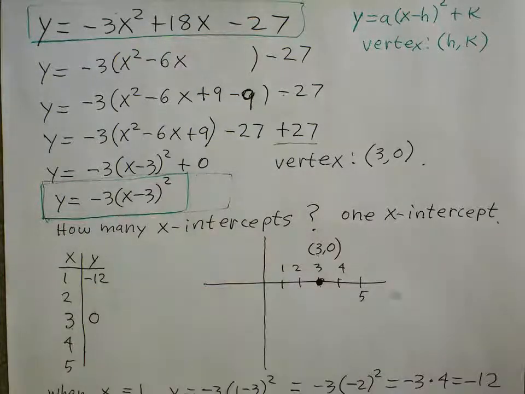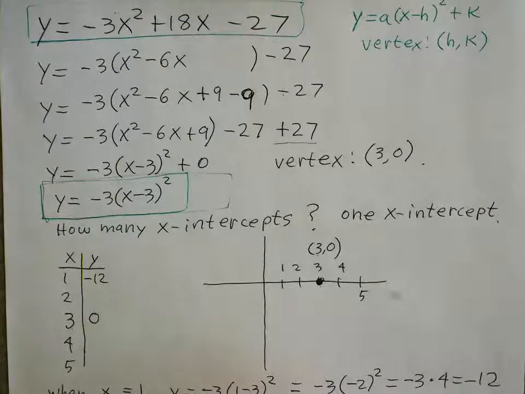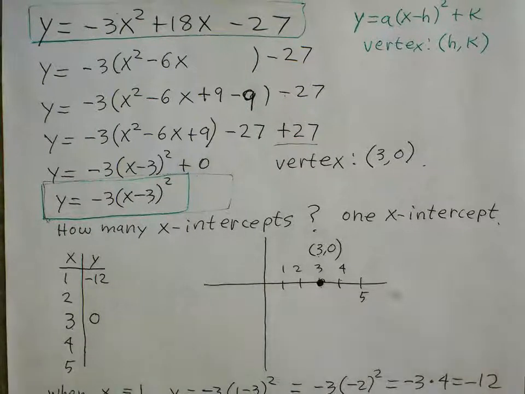So that's off the grid already. When x is 2, we'll get a point that's closer. So when x is 2, what's the y-coordinate?